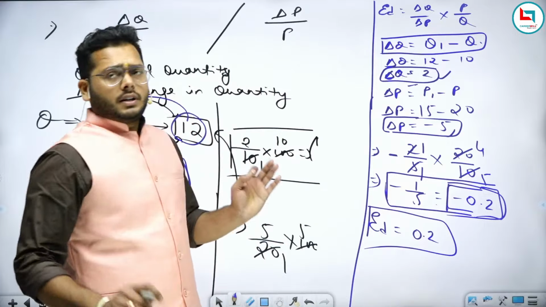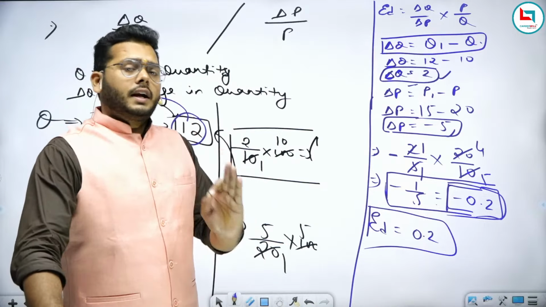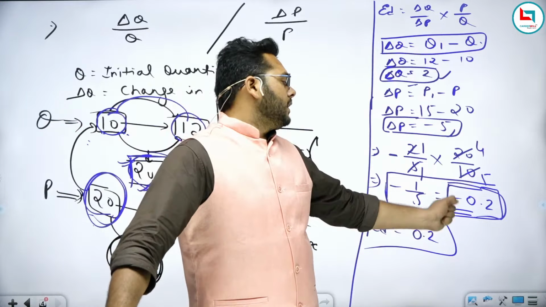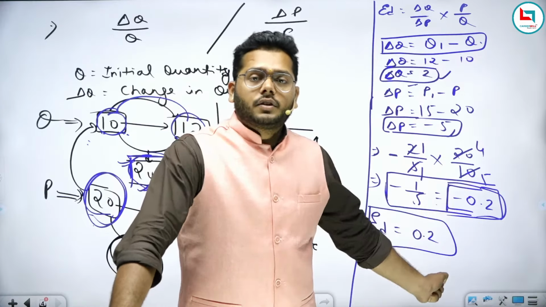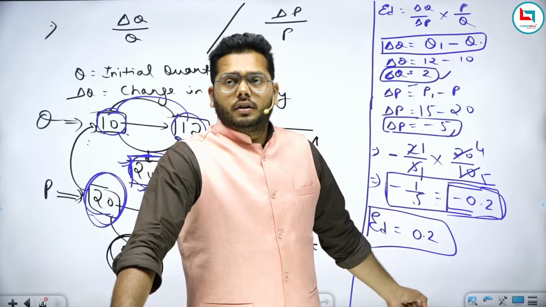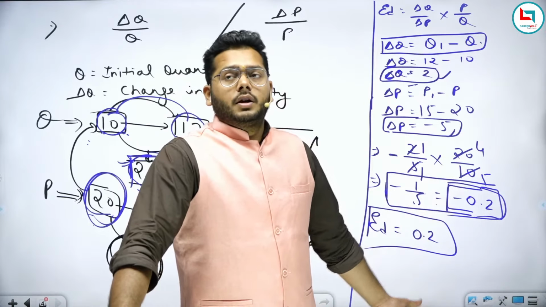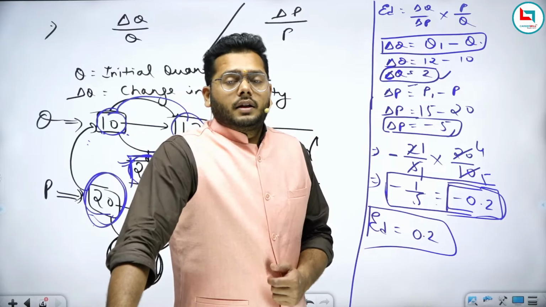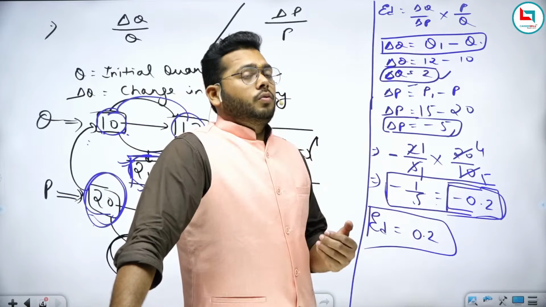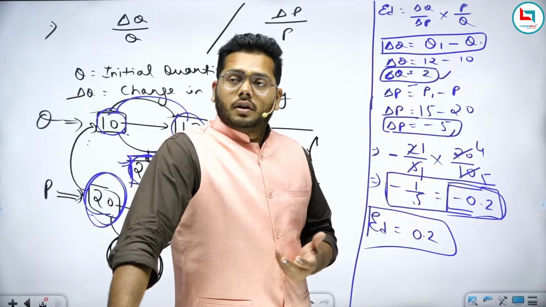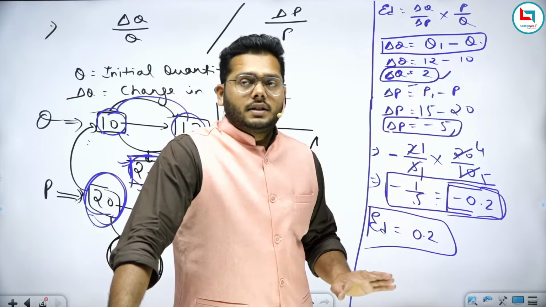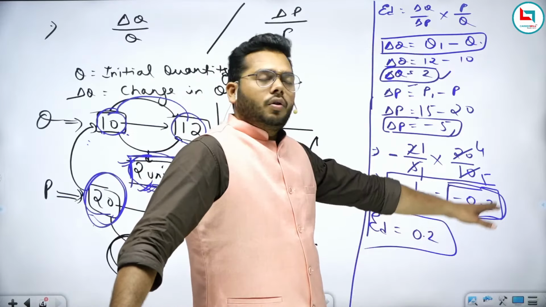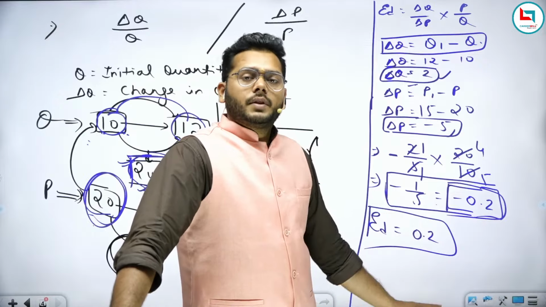Always try to understand that you will always get the answer in the form of a negative term. So don't consider how it will be resolved. You don't need to resolve anything else. You will always have the answer for elasticity of demand in negative terms.